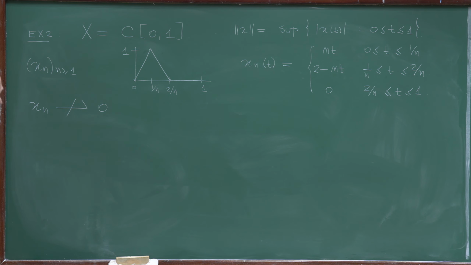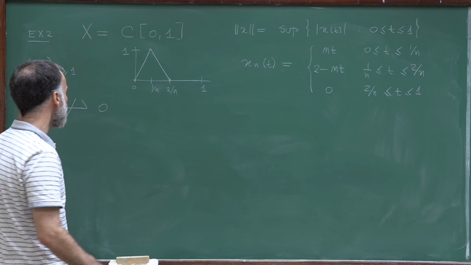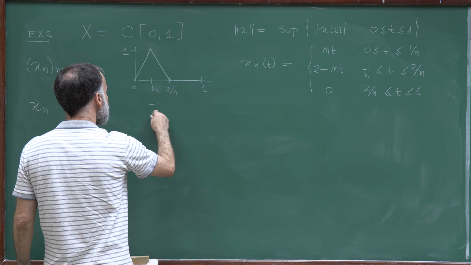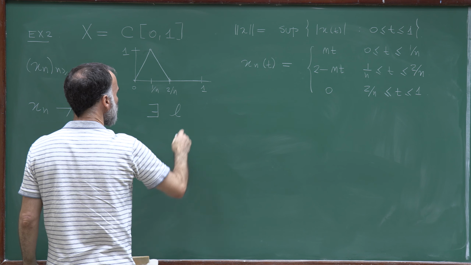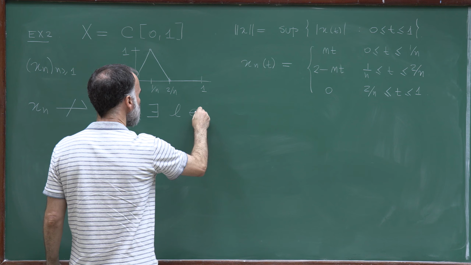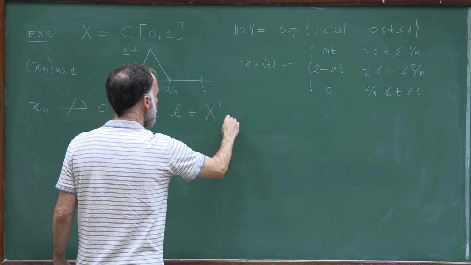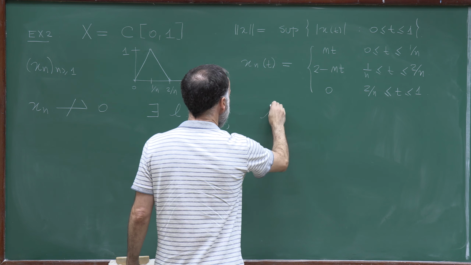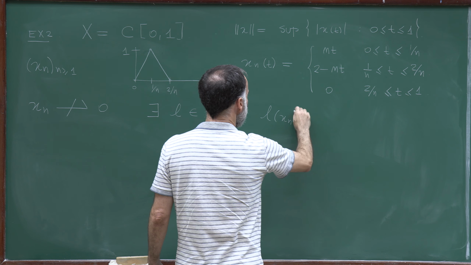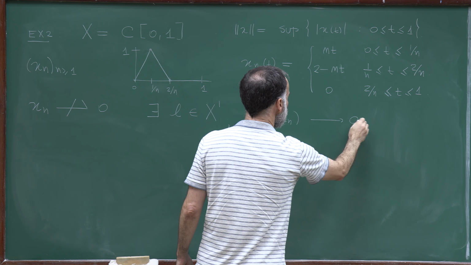So what does it mean that x_n doesn't converge weakly to 0? Well, it means that we can find a bounded linear functional L such that L(x_n) does not converge to 0.